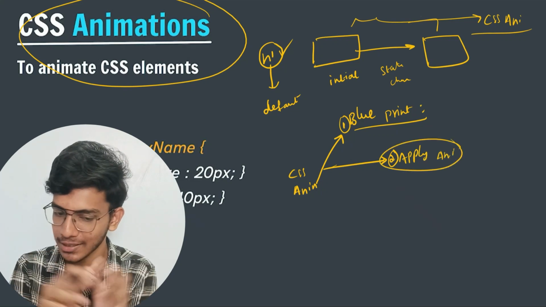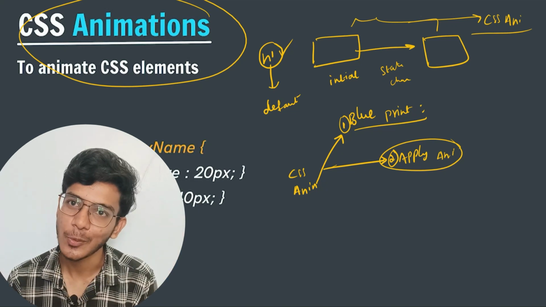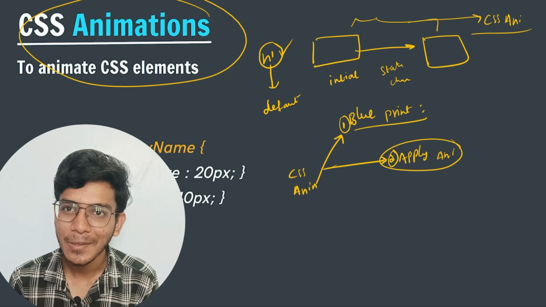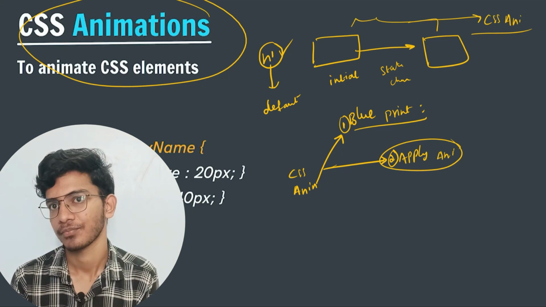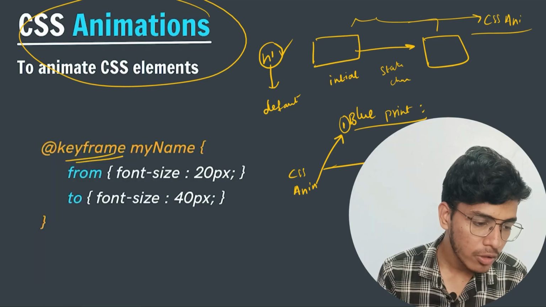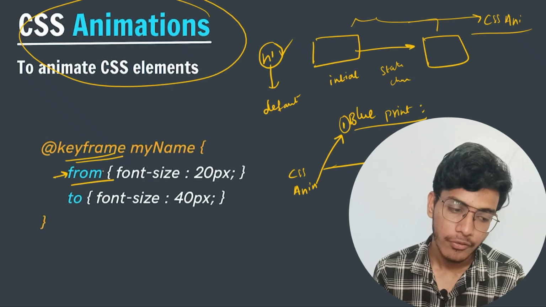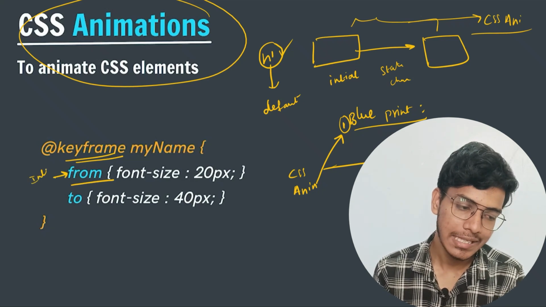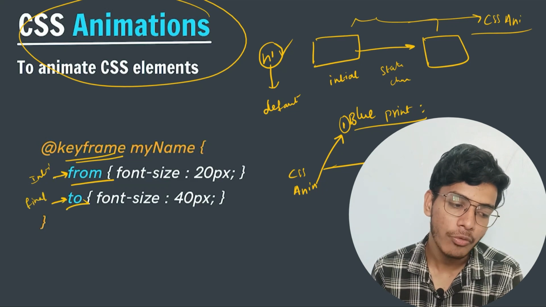Got it. Now let us talk about how we can create our blueprint. We can create our blueprint using the keyword keyframes. First of all, we will write keyframes, and inside that we will write the initial state. From represents the initial state, and to represents the final state of your animation.